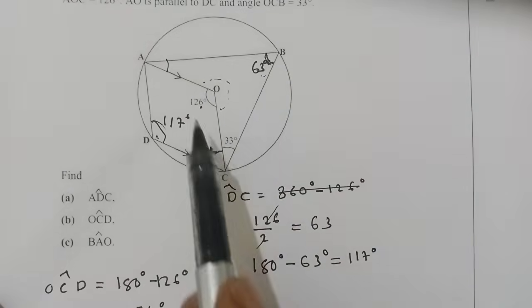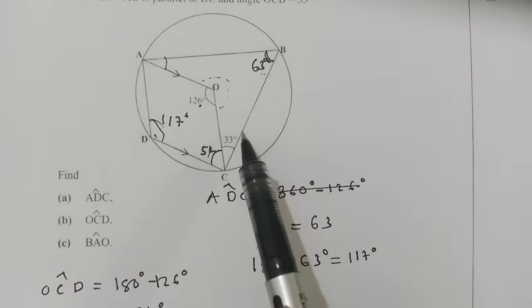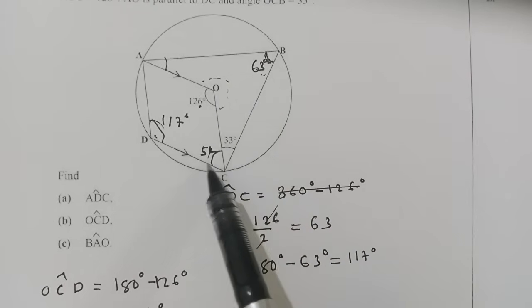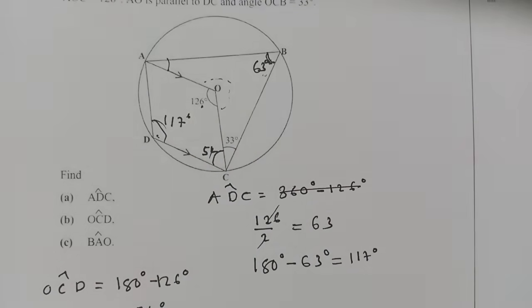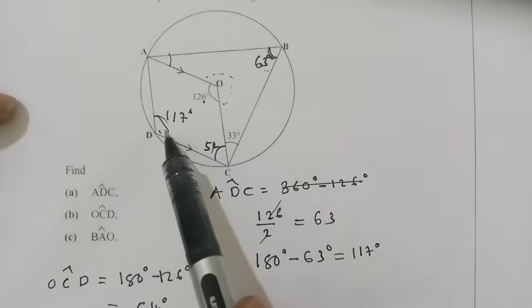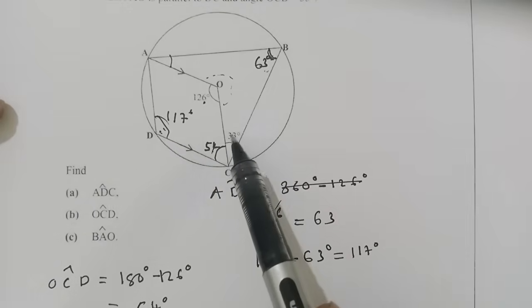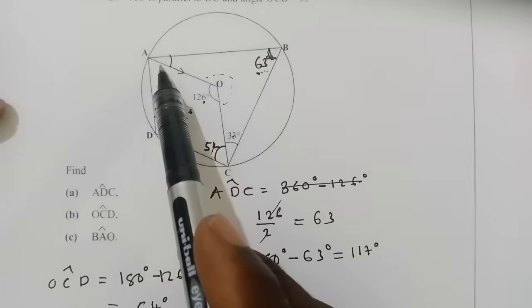So this being the cyclic quadrilateral, we know that all the angles, this angle plus this angle plus this angle plus this one will give you 360. Okay. So what we can do here is to just add all the angles. First we also find this one.